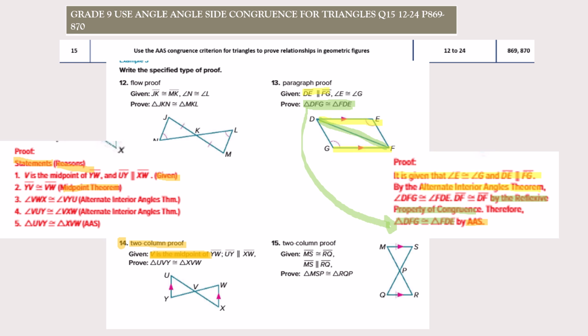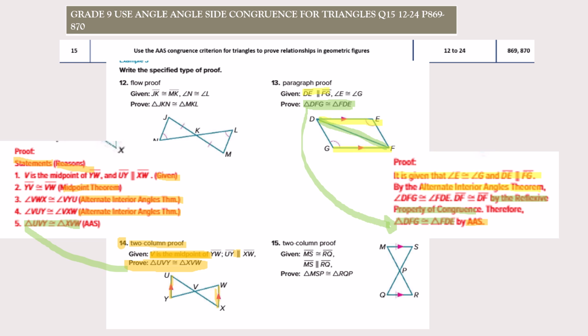And then because we have parallel lines here, as you can see, these are parallel lines, we have the alternate interior angle theorem. We have two alternate interior angle theorems, and once again, whatever you are given to prove is always written at the very end, and then you state why it is congruent.